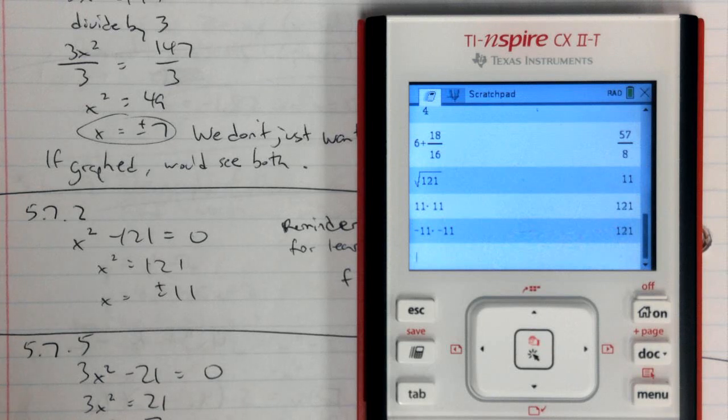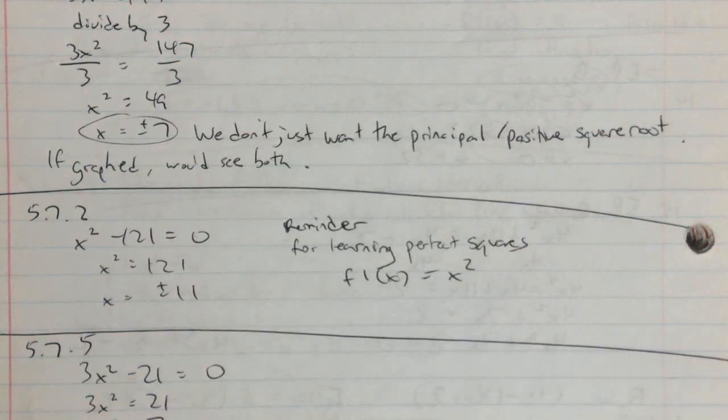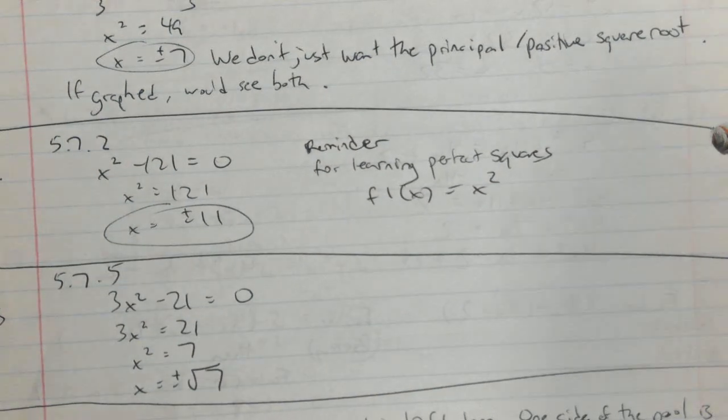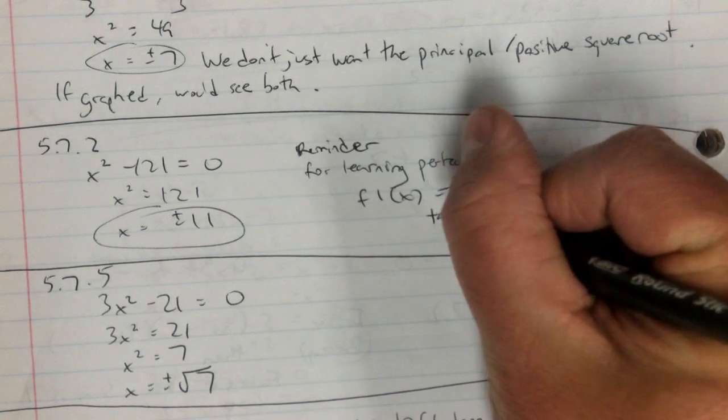Now, if it turns out that it's a word problem, sometimes the negative answer doesn't make sense. So anyway, there you have your two answers. So you can look at your table.